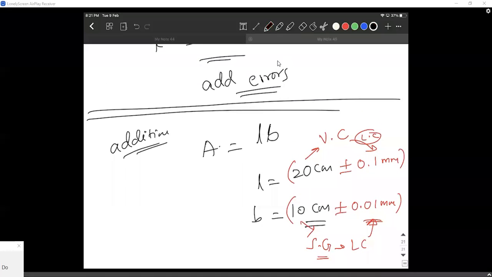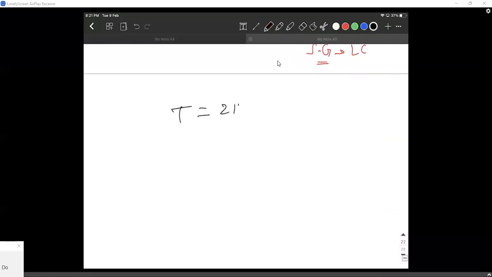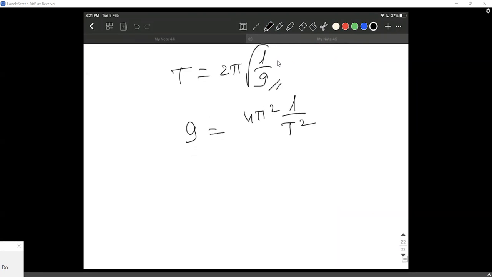There are questions like, we have done this thing, right? Time period equals to 2 pi root L by G in that gravity topic. So they write G equals to 4 pi square L by T square. They are trying to find the G value. L is measured and time is measured. Time is measured with a clock.